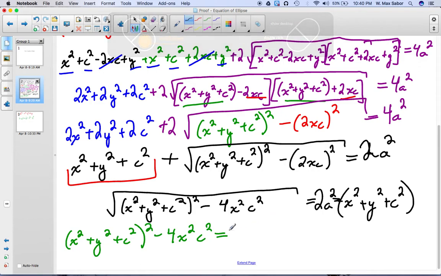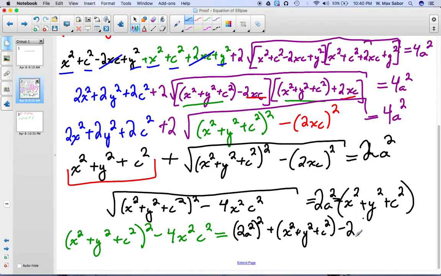So the 2a squared is going to be squared. We are going to have (x squared plus y squared plus c squared) squared, and then minus 2 times the 2a squared times the x squared plus y squared plus c squared.